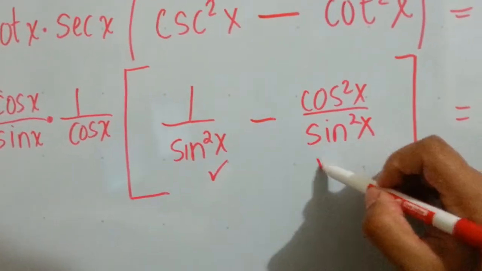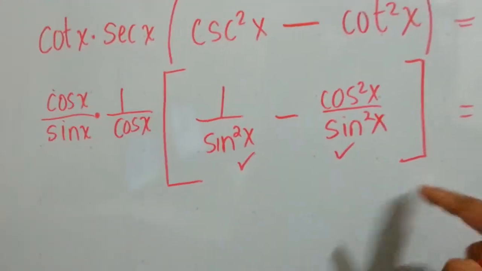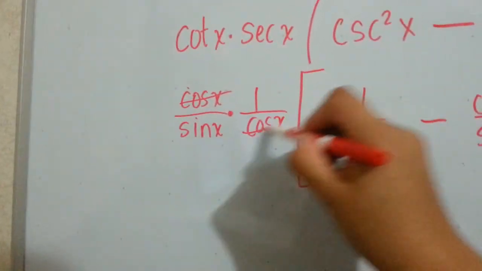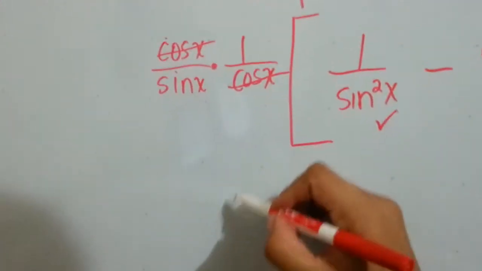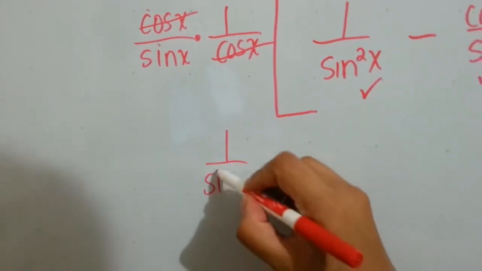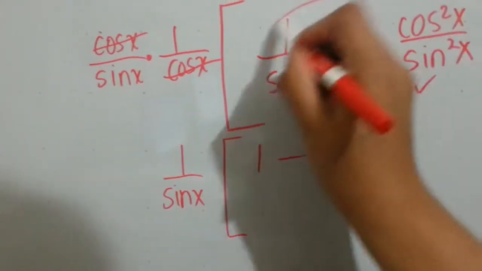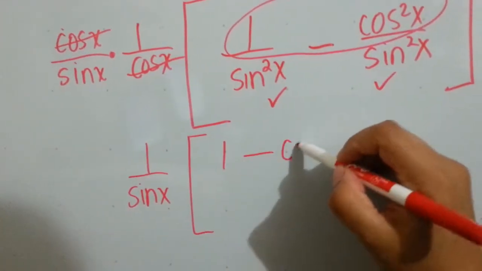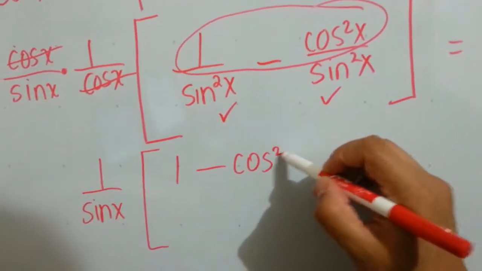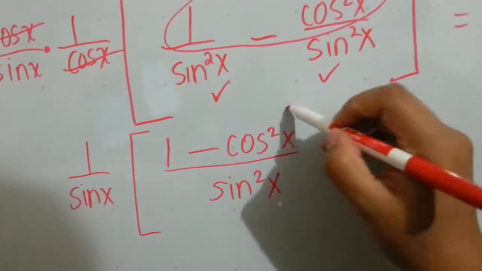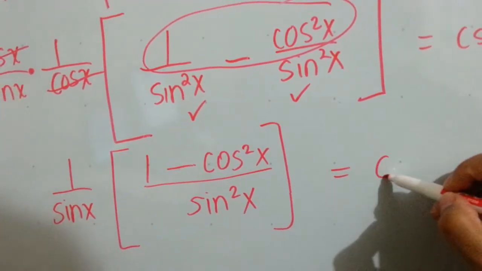And look, we have a common denominator, so we can combine this. And over here on the outside, the cosines cancel. So we have 1 over sine x, times 1 minus cosine squared x over sine squared x, which is still equal to cosecant x.